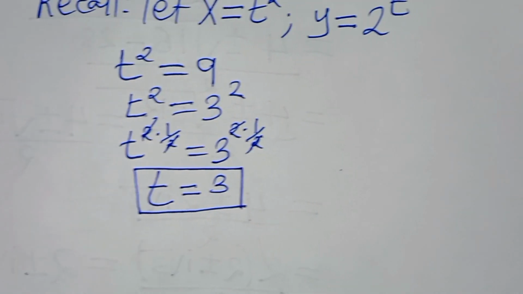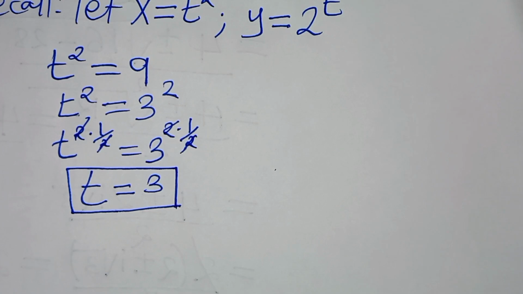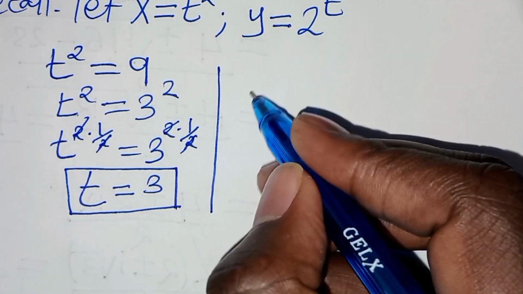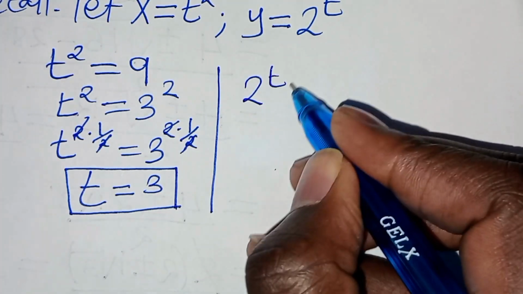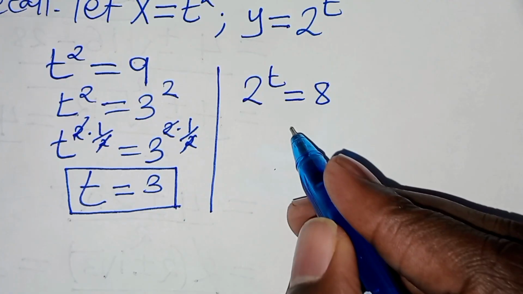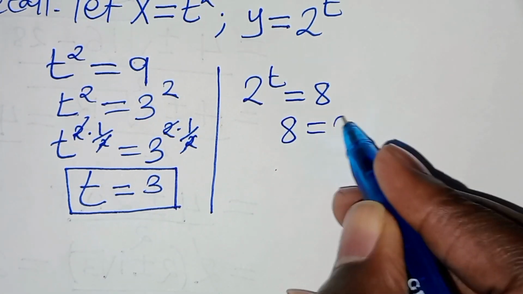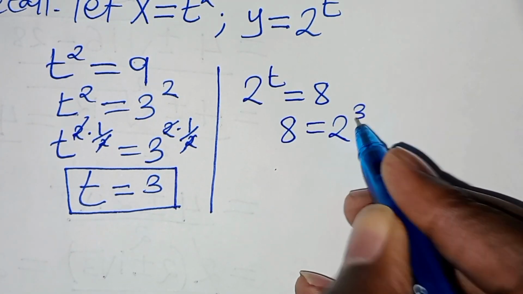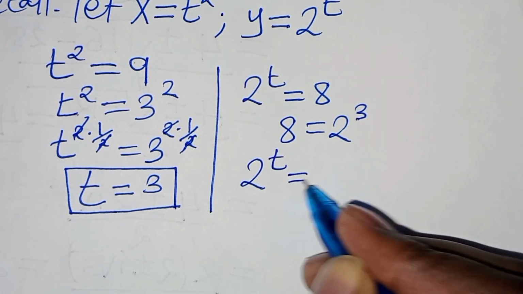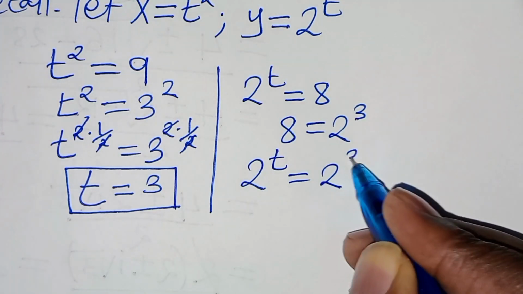Now let's confirm with y. With the case of y, we have that y is equal to 8. So we have 2 to power t equal to 8. But we can express 8 as 2 to power 3. Substituting this, we have 2 to power t equal to 2 to power 3.